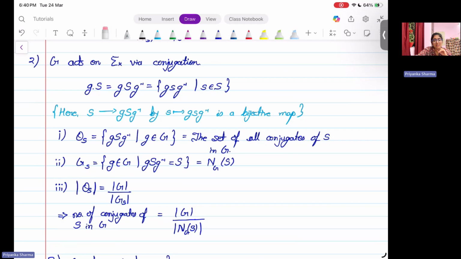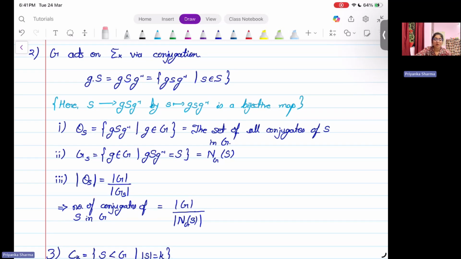Secondly, what is the stabilizer of S in G? So this will be the subgroup of all those group elements for which G dot S is S. That is G S G inverse is S. So this will give us the normalizer of the subgroup S in G.